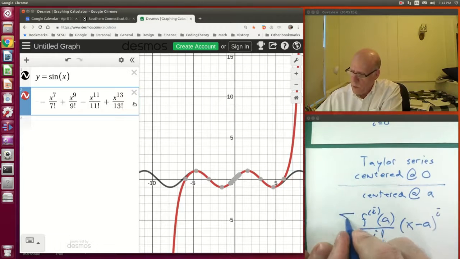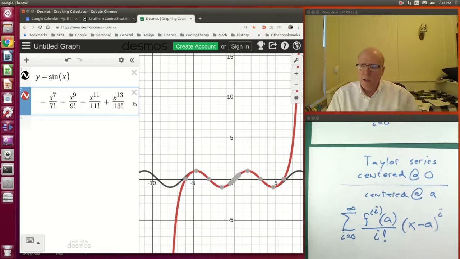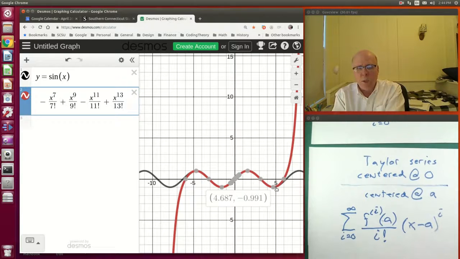If you add terms that look like that up from i equals 0 to infinity, you get an expansion that looks just like the function, but if you note the graph here started its matching right at the origin, this would be starting its matchup at some point x equals a. But you see how that's more general, I hope.